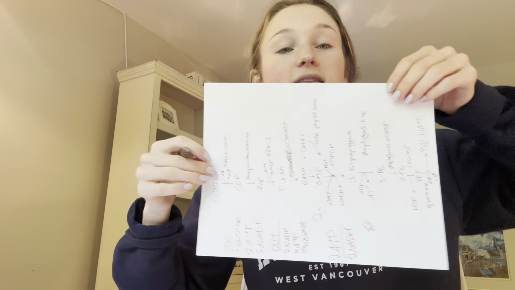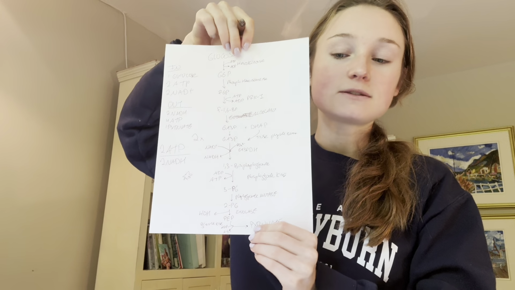The net yield of glycolysis is 2 ATP. That is like so bad, like really not good. Your body would way rather oxidize glucose and fatty acids to get 32 ATP than get 2 ATP from glycolysis. So glycolysis is kind of like desperado situations. But this is the entire process of glycolysis.